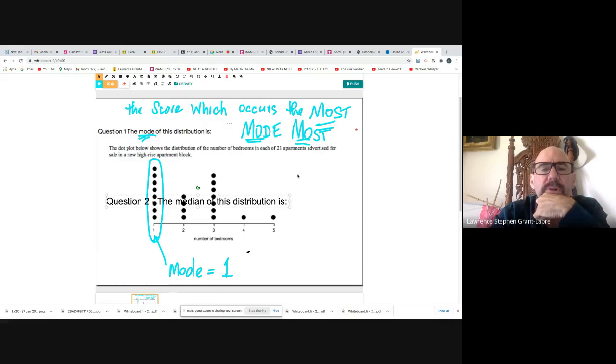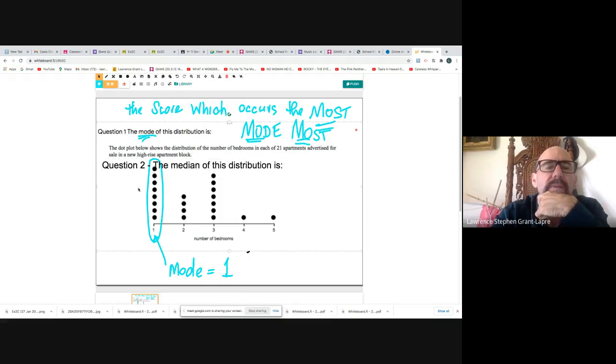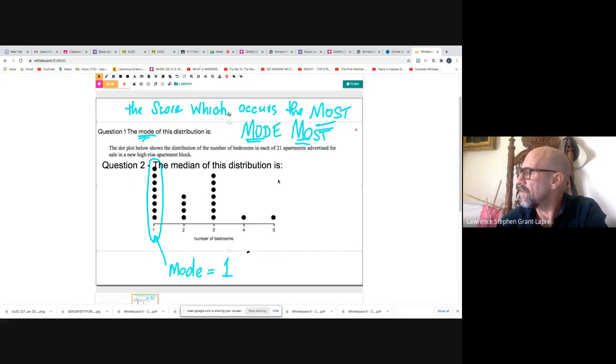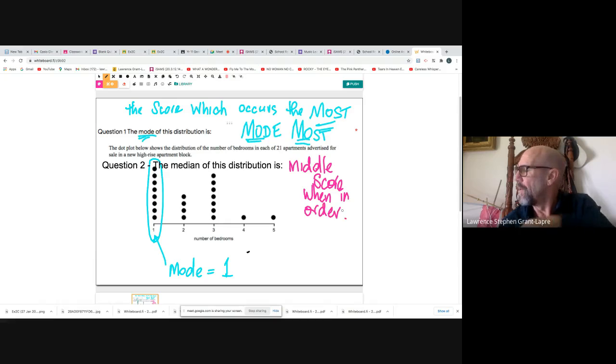Well, what does the median mean? What is the median? The median, the middle score, okay? Middle score, yeah. So when in order. Now these are in order.